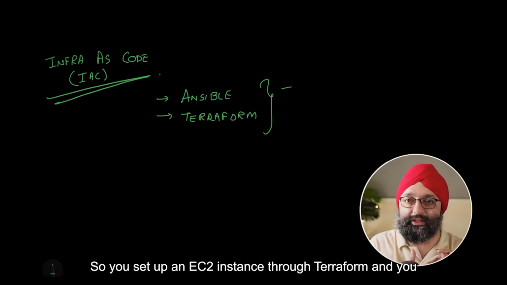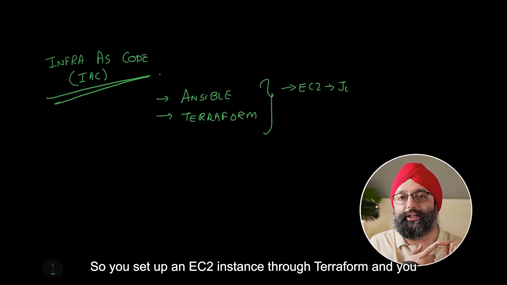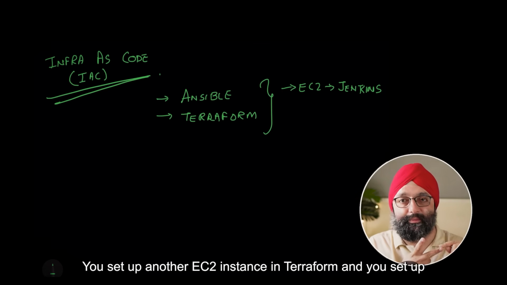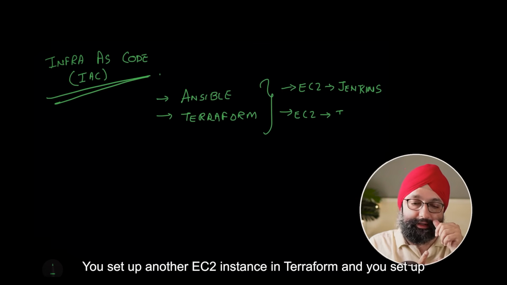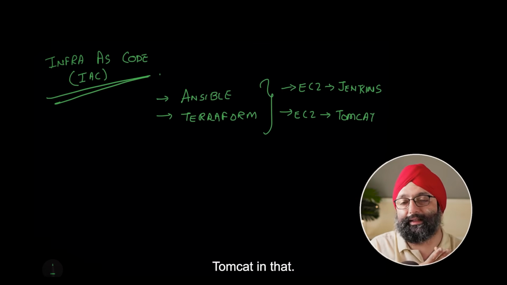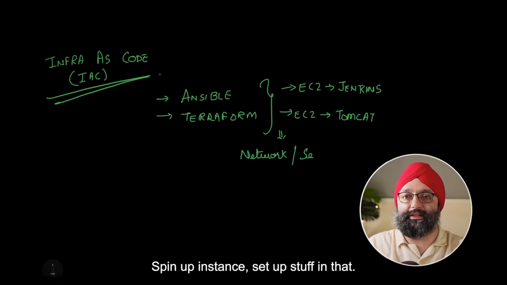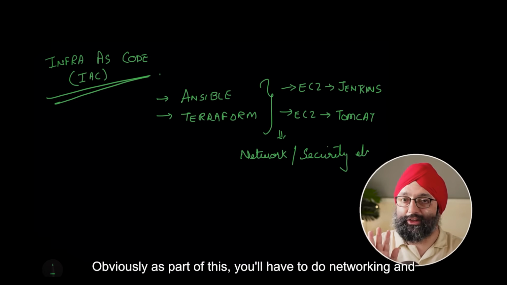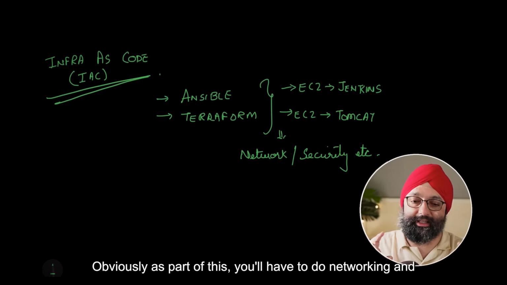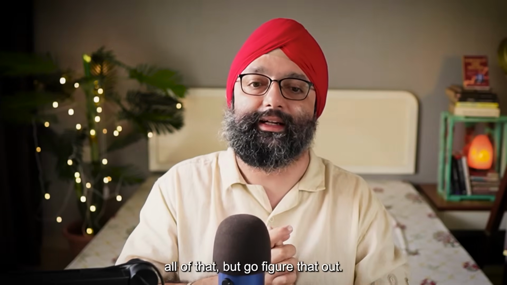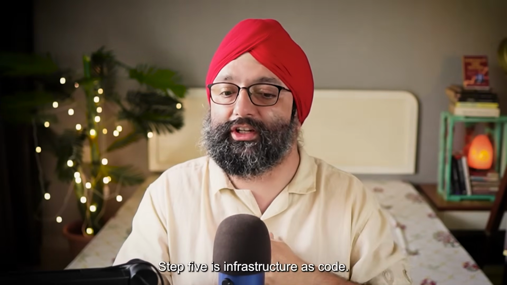So you set up an EC2 instance through Terraform and install Jenkins in that. You set up another EC2 instance in Terraform and set up Tomcat in that. That's the job of Ansible or Terraform: spin up an instance, set up stuff in that. Obviously, as part of this, you'll have to do networking and all of that, but go figure that out. Step 5 is infrastructure as code.